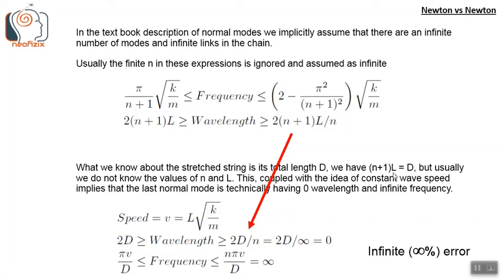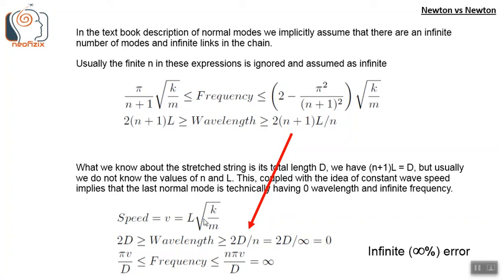So this, coupled with the idea of constant wave speed, implies that the last normal mode or the infinite normal mode is technically having zero wavelength and infinite frequency, but with a finite velocity.